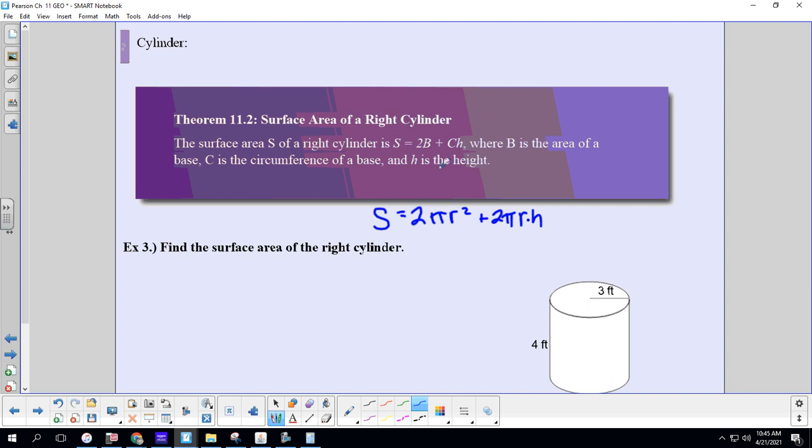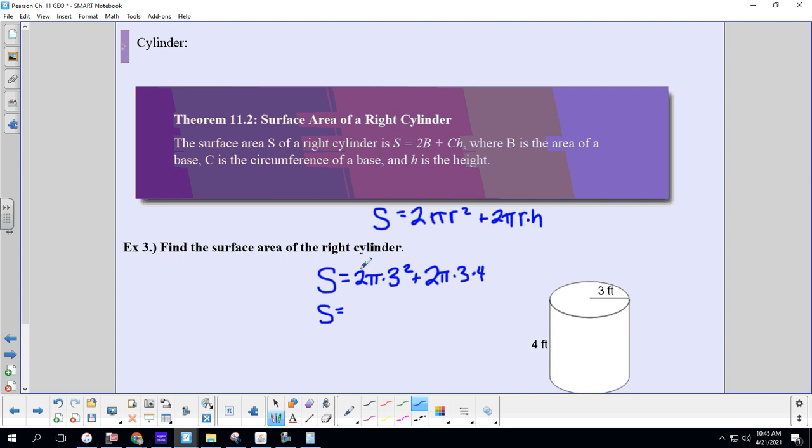So we're going to use the formula to find the surface area of this cylinder. So the surface area is 2 pi times the radius squared plus 2 pi times the radius times the height. I'm going to show you how to leave your answer in terms of pi, and then we're going to also multiply it out.